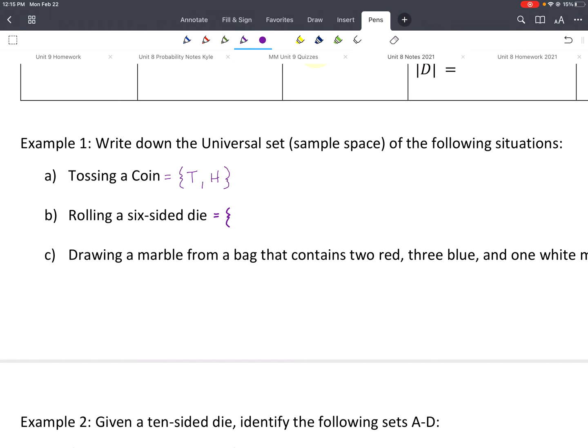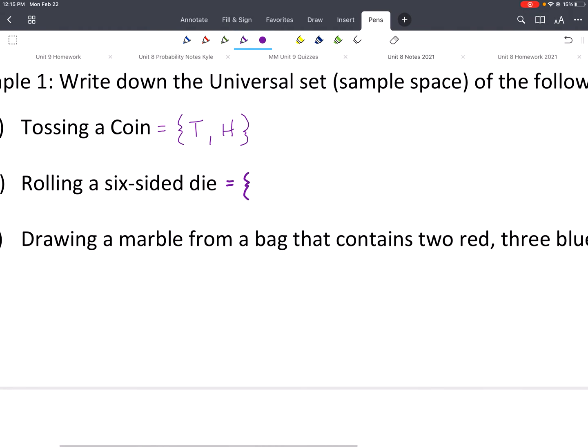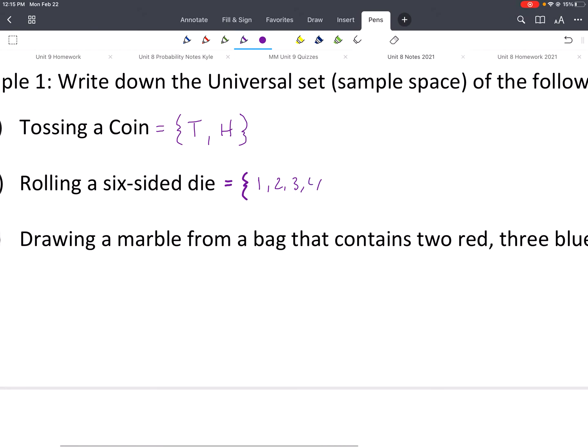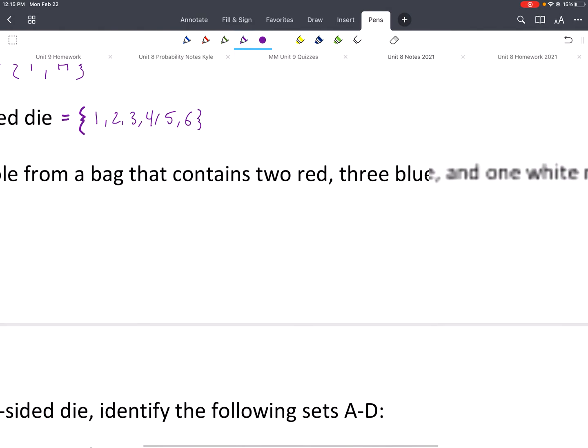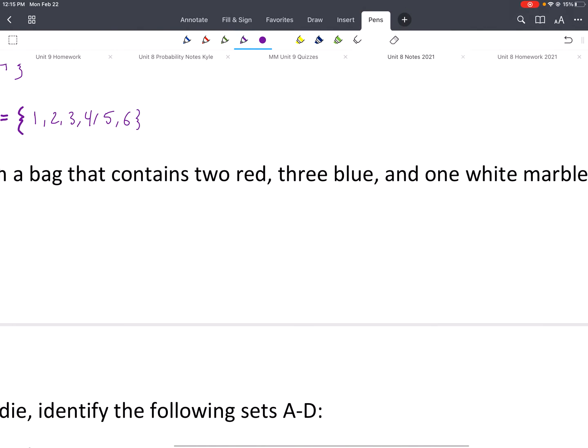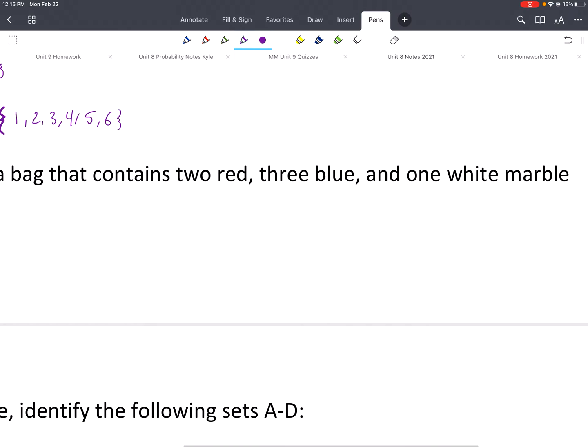Okay. What about rolling a 6-sided die? Well, that could be 1, 2, 3, 4, which we just did, 5, and 6. Or drawing a marble from a bag that contains 2 red, 3 blue, and 1 white. Since each of these marbles is different, we'll need to write them all separately.